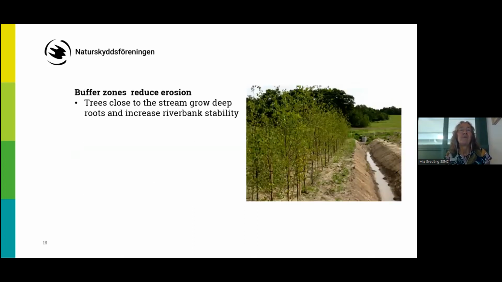But besides taking away nutrients from the water, buffer zones also reduce erosion. And trees close to a stream or to a lake grow deep roots and they increase the riverbank stability, which of course reduces the erosion. So that's also a very important effect of buffer zones, especially if you have trees or bush vegetation along the stream, for instance.